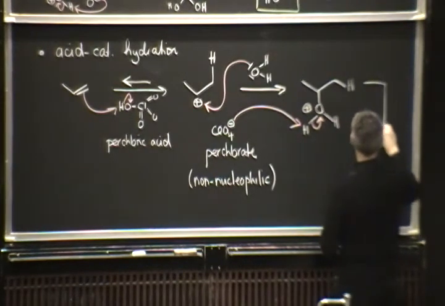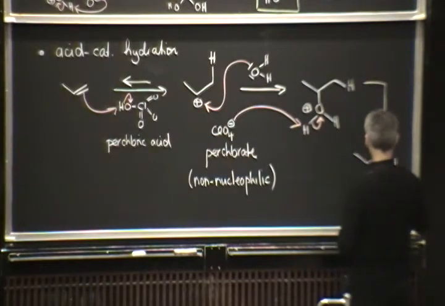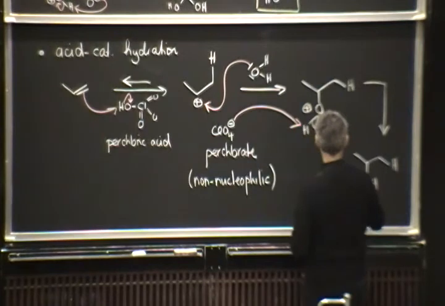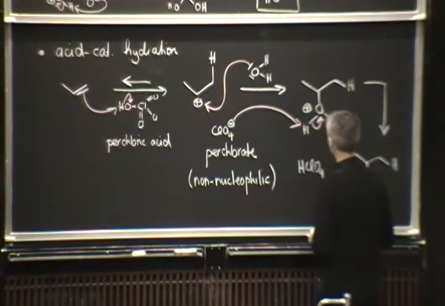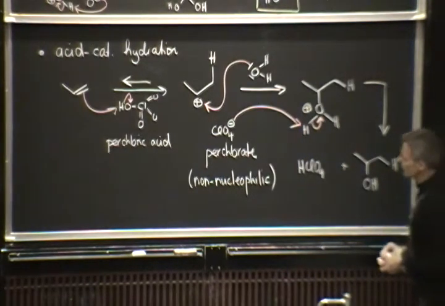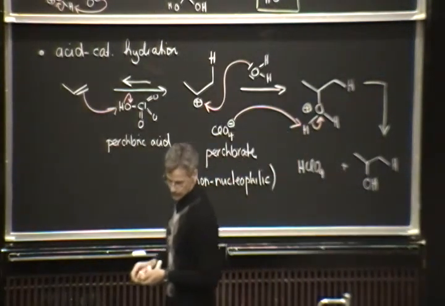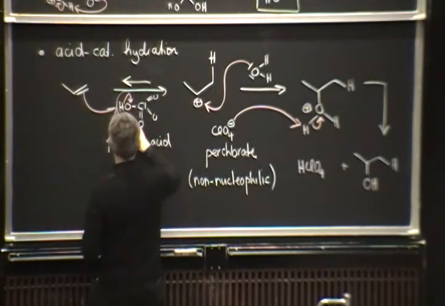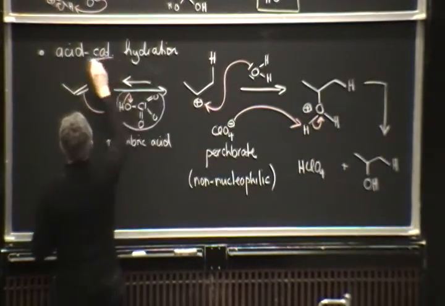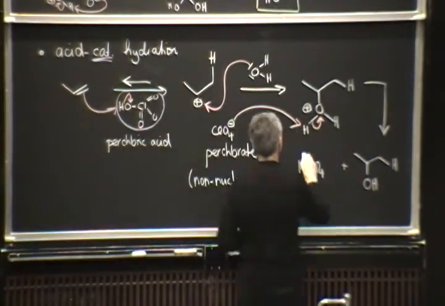And so in this reaction, I get my alcohol, the same alcohol, isopropanol, plus I regenerate the perchloric acid. Okay, and so the perchloric acid is the catalyst. Catalyzed hydration.